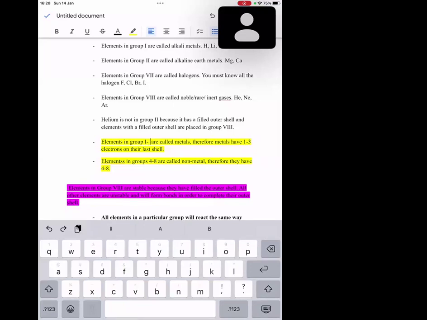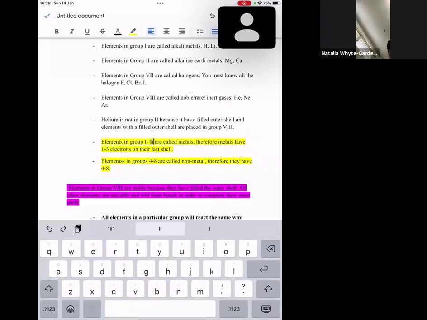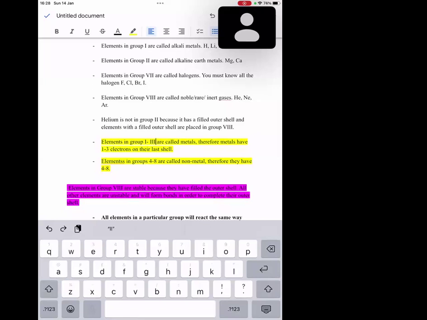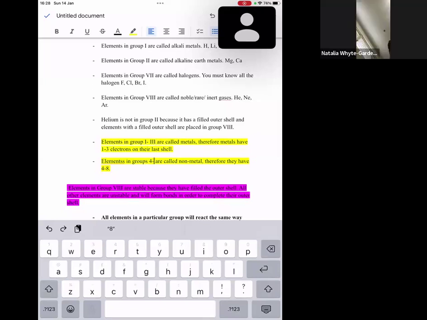It's 1 to 3. And those in group 4, we number it IV, and then it's V, VI. This is clear?